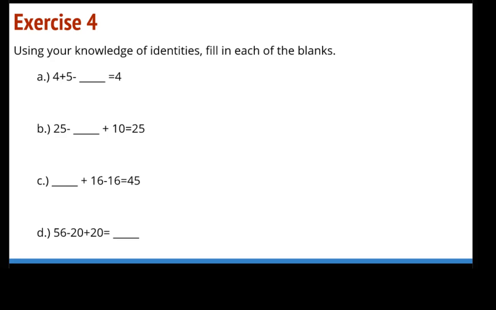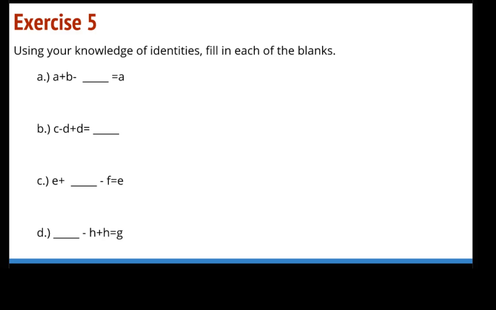So now we've looked at some specific examples. Take a moment and look at some general examples, working with variables this time. All right, I added b, so I'm going to have to subtract b.